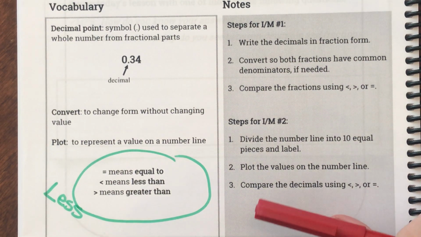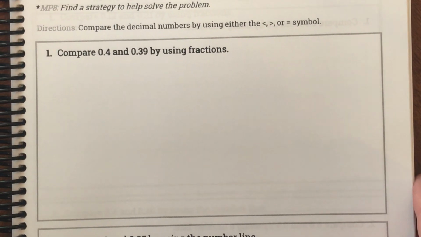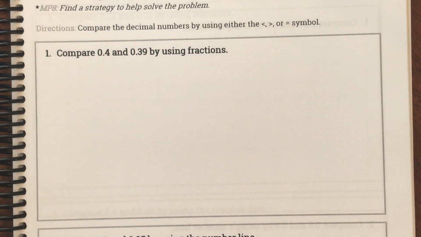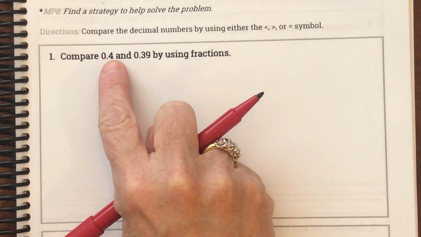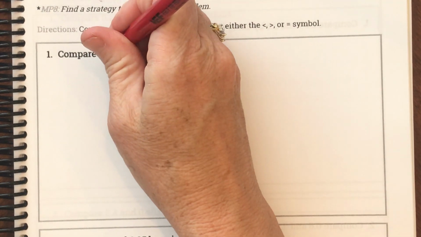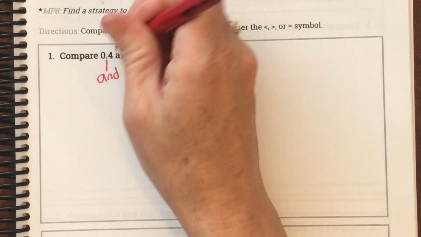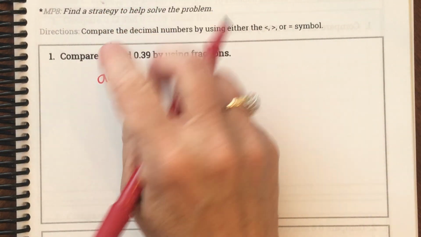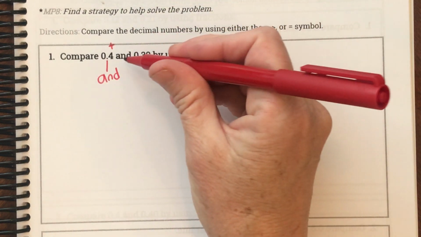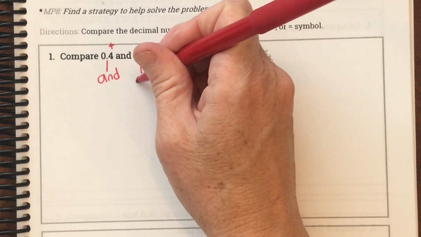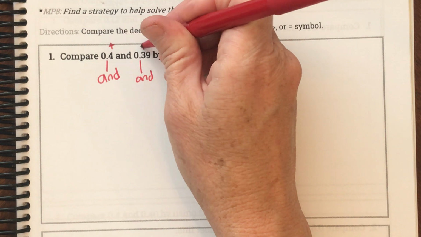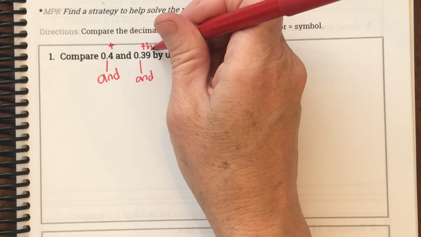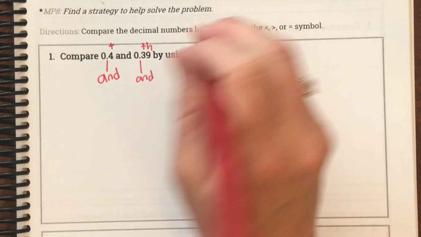Okay, so I'm going to jump right in and get started. Here is my first problem. It says compare 0 and 4/10, and the way that I knew that is because that's how I would say that. So 0 and 4/10 and 0 and 39 hundredths by using fractions.